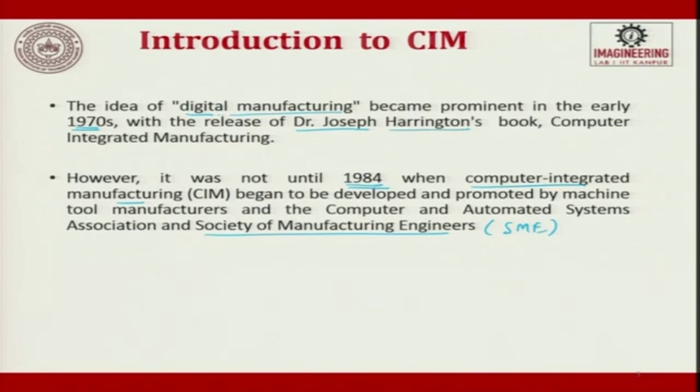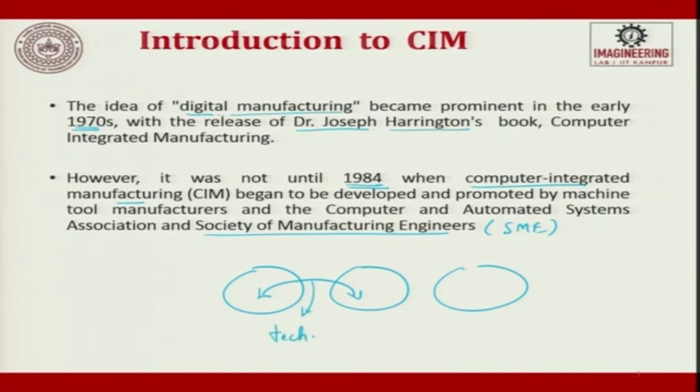What made them a big bottleneck? Because in manufacturing, as I told you, you will have several islands. These islands had a problem communicating, a technical problem. So, this is an island. For example, this can be a CNC machine, this can be a robot, this can be an inspection device.